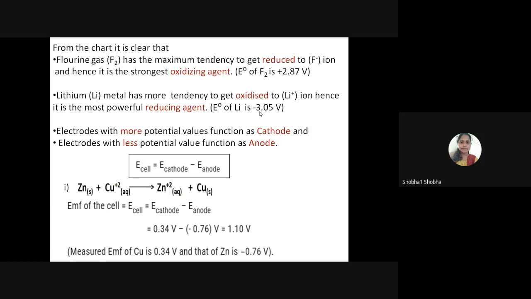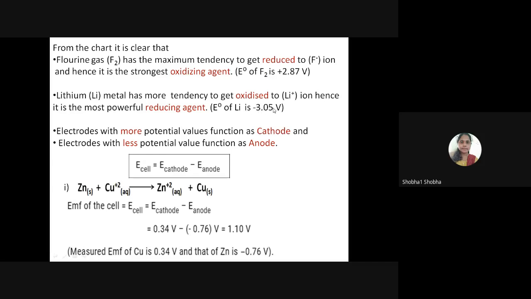So in the construction of a cell, we generally take the electrode with the higher potential value as the cathode, fluorine, whereas lithium is the anode because it has the lower potential value.